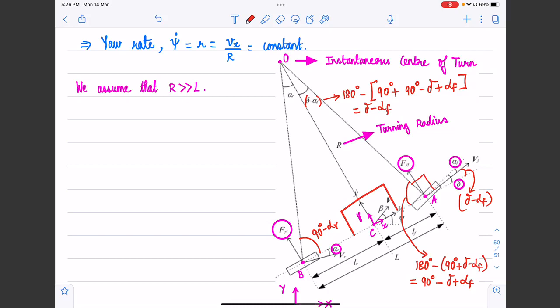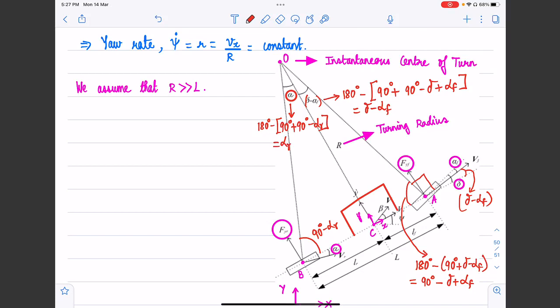Once again, looking at the triangle OBC, it's going to be 180 degrees minus 90 plus 90 minus alpha R, which in turn is going to be alpha R. So that's what we have. I hope it's clear how we got alpha R.